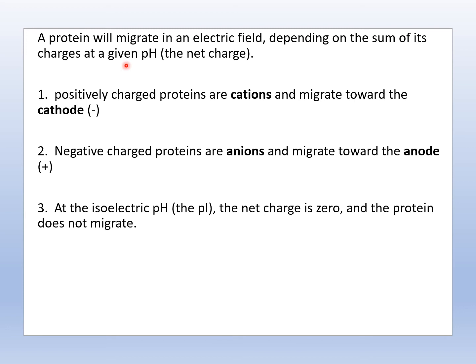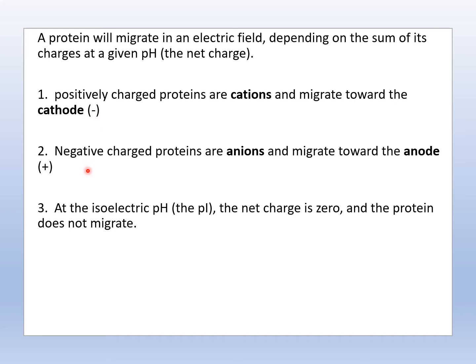A protein will migrate in an electric field depending on the sum of its charges at a given pH, or the net charge. Positively charged proteins are considered as cations, and they tend to migrate toward the cathode, or the negatively charged side.